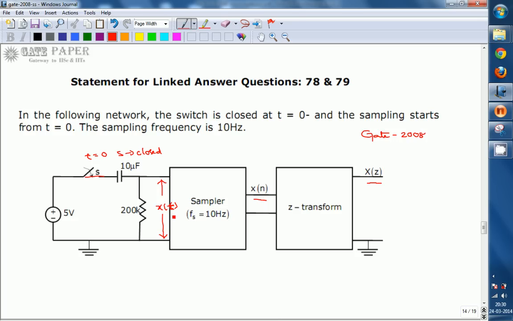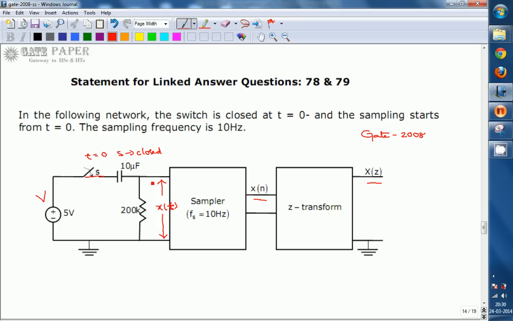We know that for a series RC circuit, let us consider the step voltage of capital V applied across the series RC circuit.